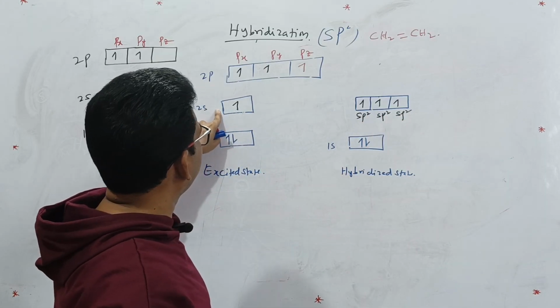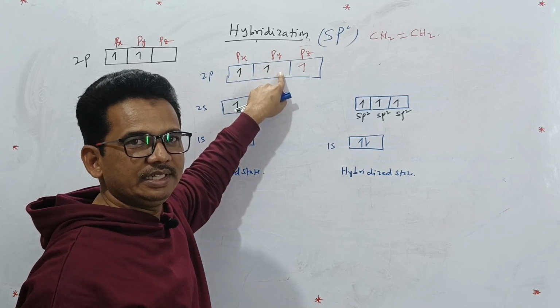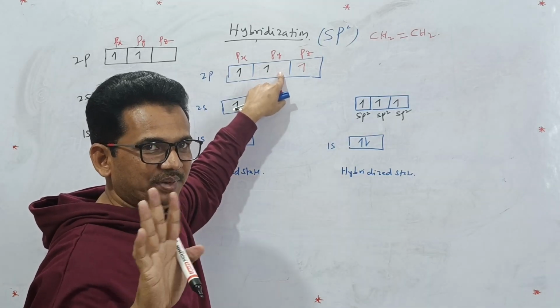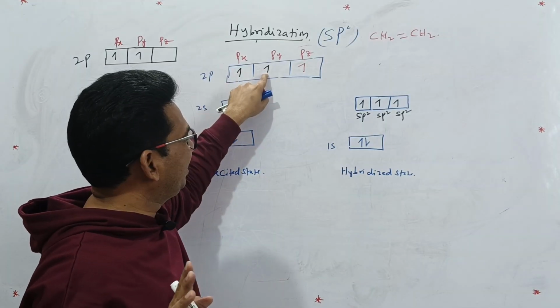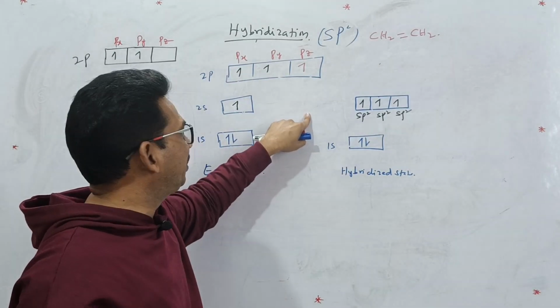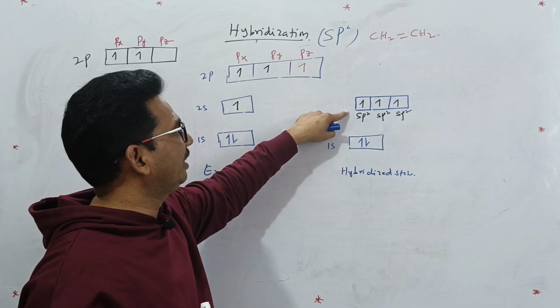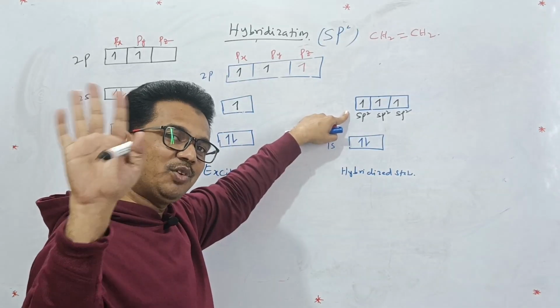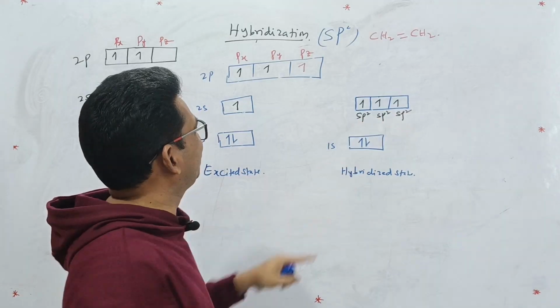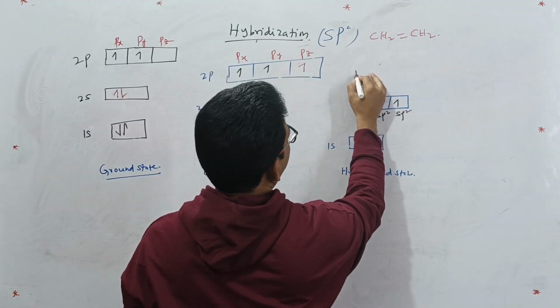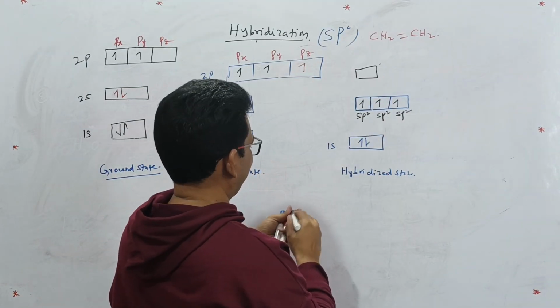It means 1s and 2p, giving 3 equivalent orbitals. Remember that, as many orbitals as are mixing together, that many equivalent orbitals will be produced. 3 means 3 equivalent. Previously 4 in sp3, 4 equivalent. Now 3 equivalent, sp2 sp2 sp2. But this one remains unhybridized.